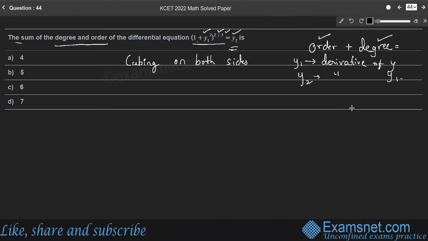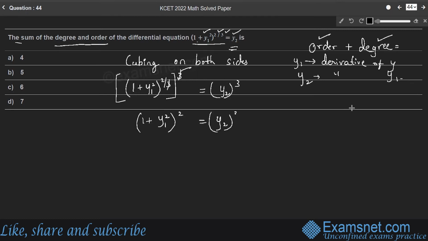So the LHS becomes (1 plus y1 squared) whole raised to 2 by 3, its third power, equal to y2 whole raised to 3. The 3 gets cancelled, and it becomes (1 plus y1 squared) whole squared is equal to y2 to the power of 3.